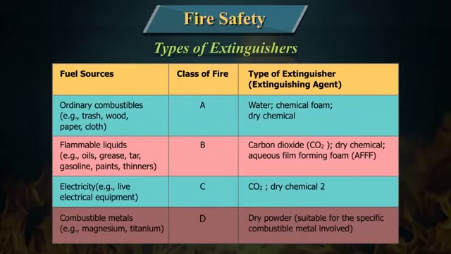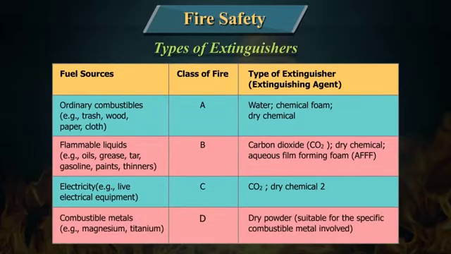Fuel source: electricity, example, live electrical equipment. Its class of fire is C. Type of extinguishers are CO2, dry chemical too. Fuel source: combustible metals, example, magnesium and titanium. The class of fire is D. The type of extinguisher: dry powder, suitable for the specific combustible metal involved.